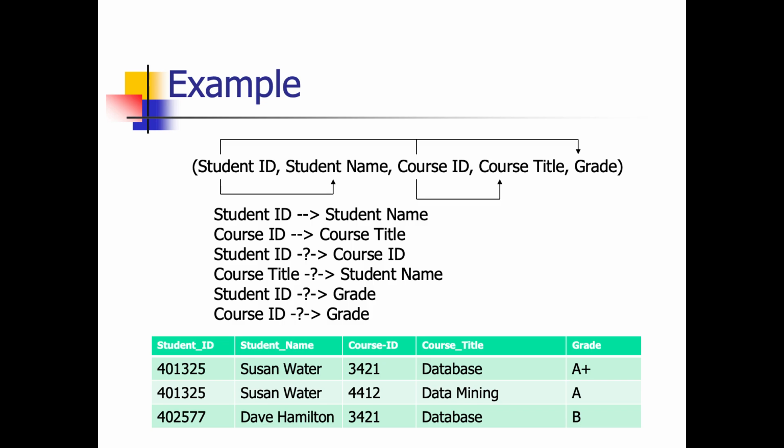If it is 2NF, it means it is already 1NF and has no partial dependency. And we know what a partial dependency is. And then for 3NF, it is already 2NF.